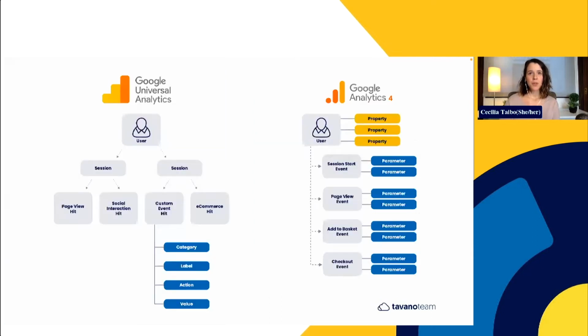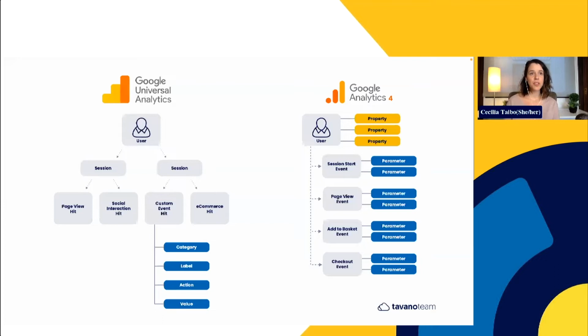I'm going to show you here the next image that kind of wraps up what we started in this webinar with. That is how data was collected in Universal Analytics and how data is collected on GA4 now. You can see Universal Analytics is more session centric.